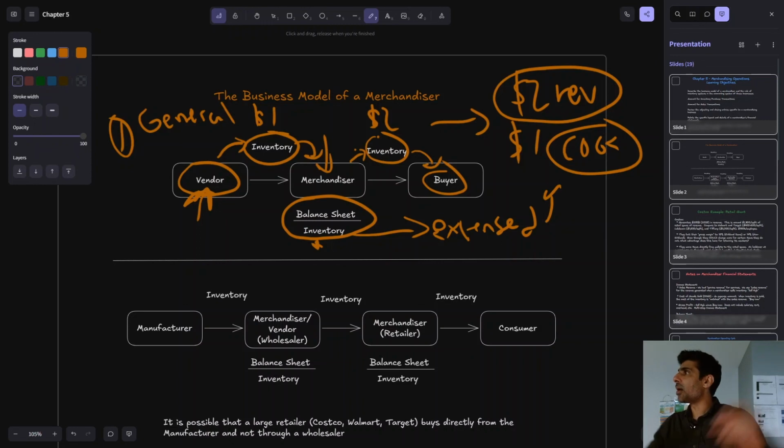We're going to have inventory on the balance sheet. At the time that that inventory is sold, it's going to get expensed as cost of goods sold. So our inventory balance will go down. We no longer have that item. And the income statement is going to have both this revenue and this cost of goods sold in the same place. So people, I think, just remember this. Say it with me even.